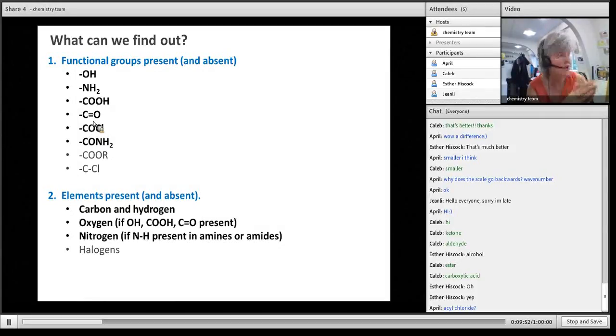So C double bond O would be in, as we pointed out, carboxylic acid, ester, aldehyde, ketone, also in an amide as well as in an acyl chloride. Correct, April. Okay, and so there we have them. You know these different ones, as well as a chloride, a C-Cl.